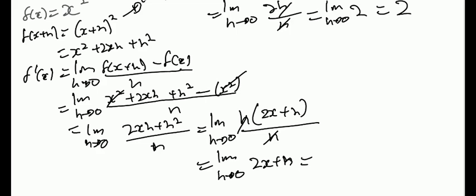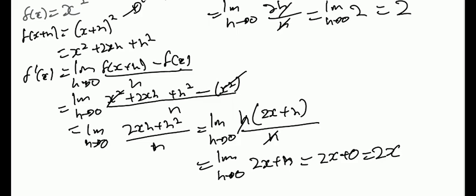No. Can we substitute now? Yes, we can. We can write 0 where we see our h. That means we have what? We don't have to write the limit. We are going to write 2x plus 0, which is what? 2x.